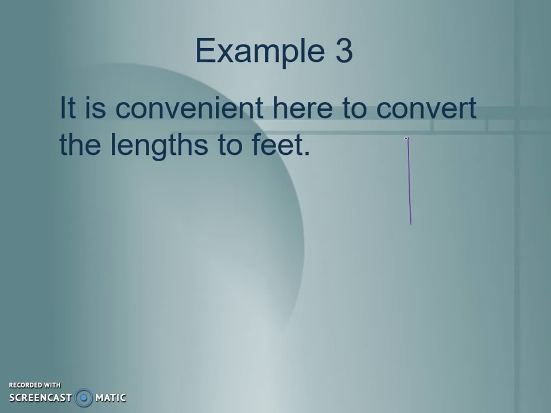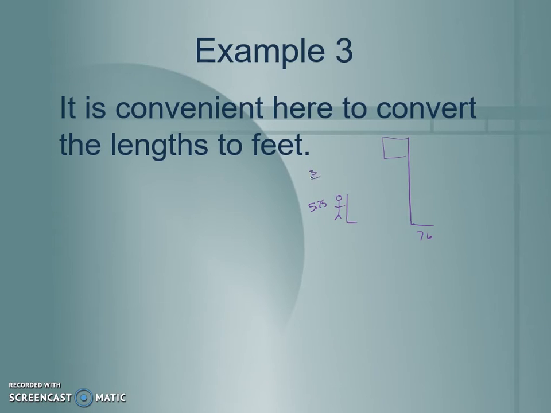So here's my flagpole. And it has a shadow that is 76 feet. And we also have a person right here who is 5.25 feet tall, or it told us 5 feet 3 inches.